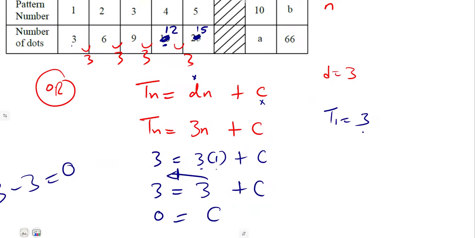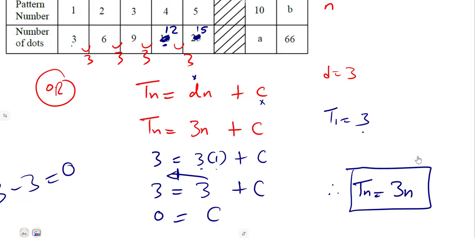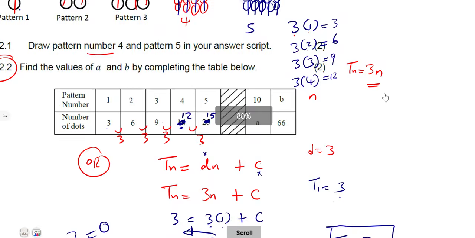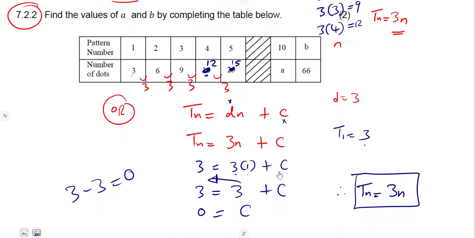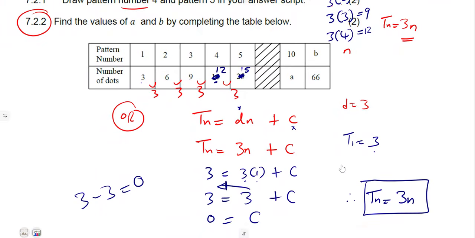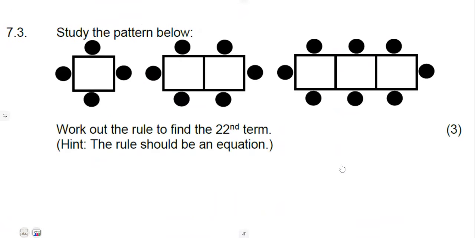As we can see, if 0 is equal to c, therefore our Tn is equal to 3n plus 0. There is nothing being added. So that's 3n. Just like here, analyzing this way, we saw that it was going to give us 3n. Analyzing from this one, we saw that also it was going to give us 3n.